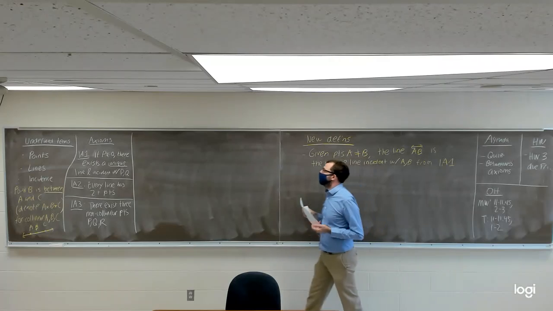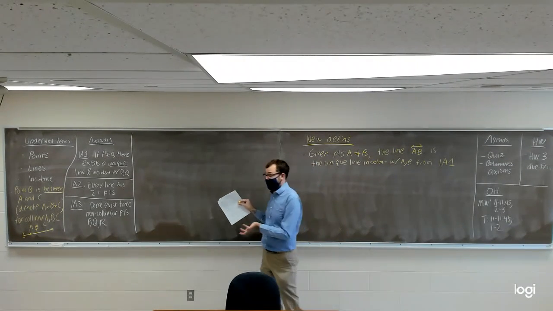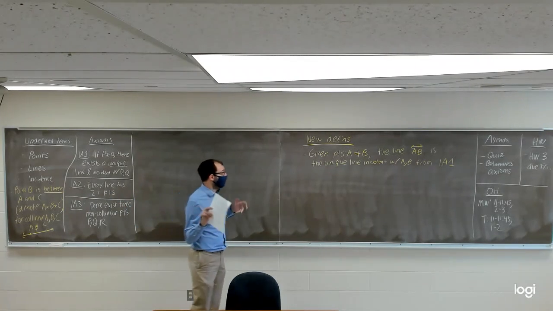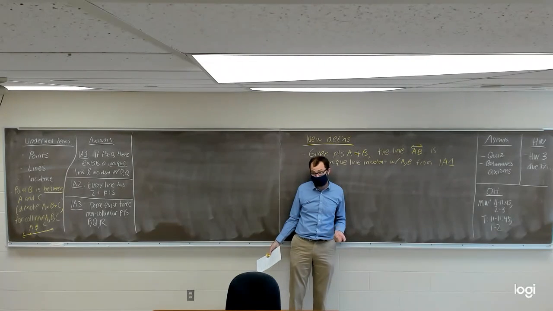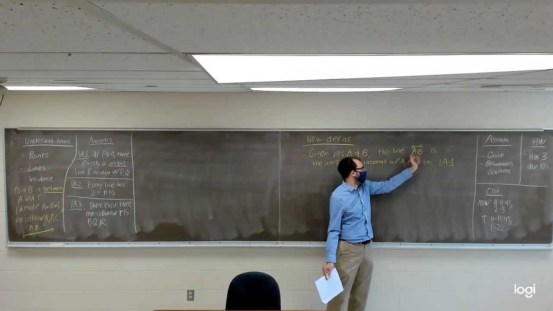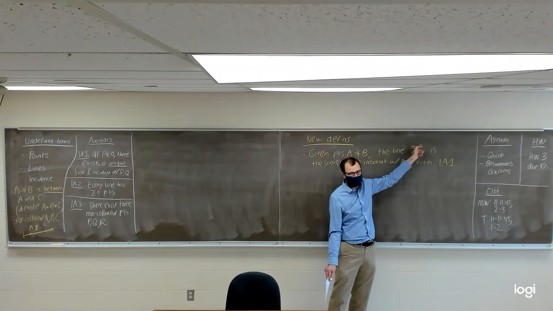In all of our models of betweenness geometry, we're still going to assume that the incidence axioms are true, including incidence axiom 1. So given any two points, there is a unique line between them, and we're going to call that the line AB, using this symbol, AB with the double arrow over it.